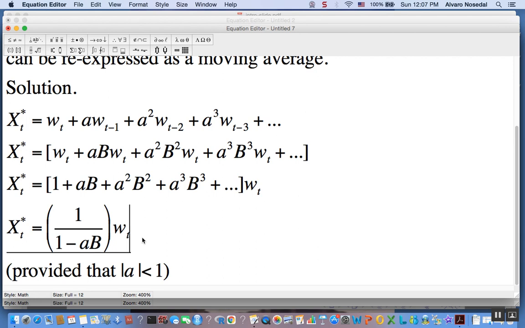Make sense? So first, let me point this out. This is one of the advantages of using the backward shift notation. Can you see that we could express this in a more compact way?